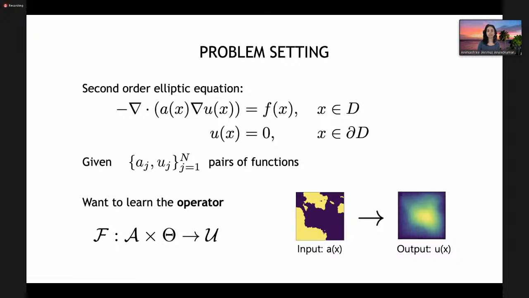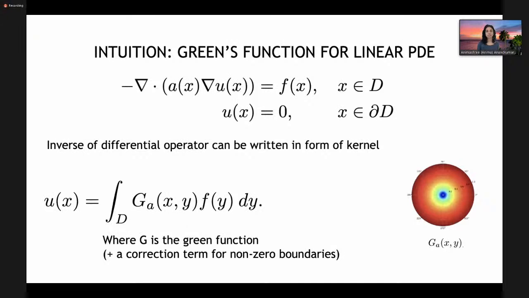So that's what we'd like to learn, the operator, right? Going from coefficients to the solutions. And what we know is, the inverse of this differential operator can be written in the form of kernel convolution, right? That's the integral operator. And for linear PDEs, we are aware that the solution you can write down is in terms of the Green's function, right?